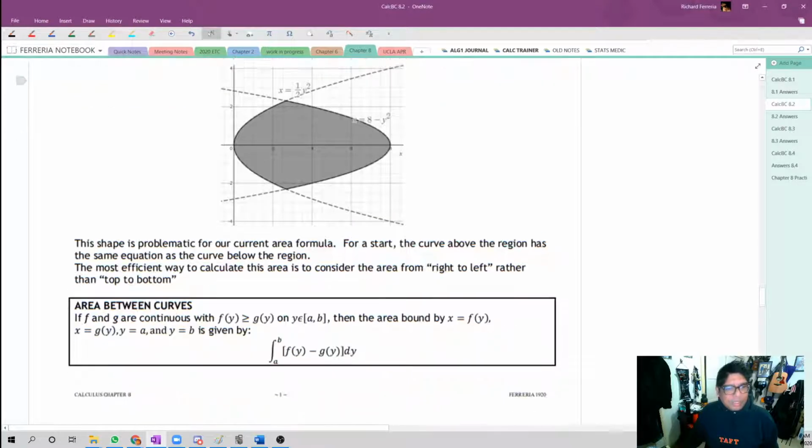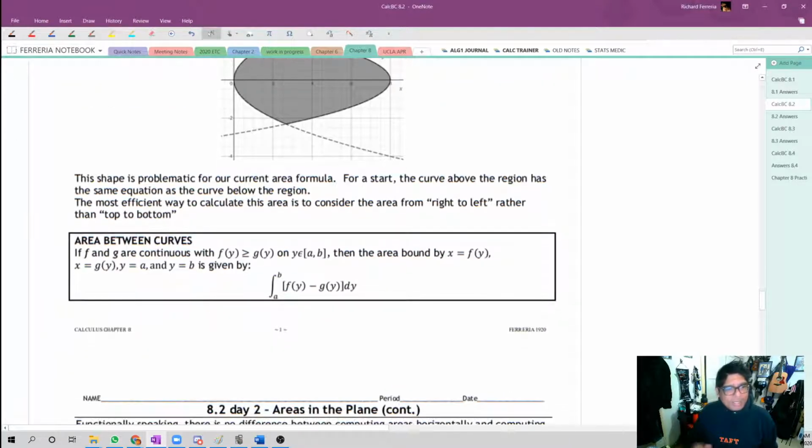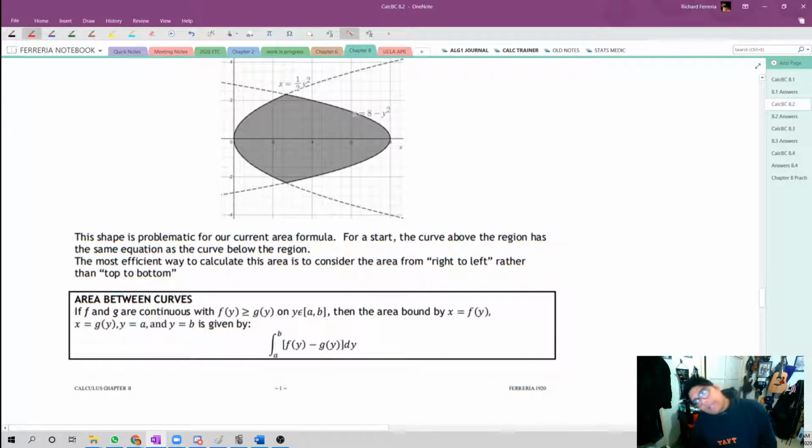So there's something that can help us. If we decided to look at this sideways, like literally turn your head and look at it sideways, you can see that the function on the right side, this 8 minus y squared parabola, is always on the right side of this function.